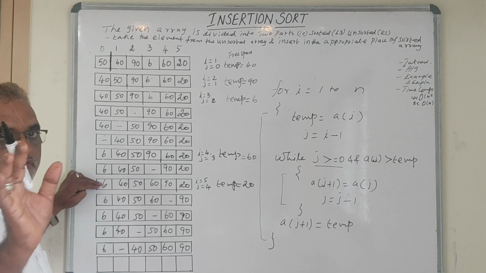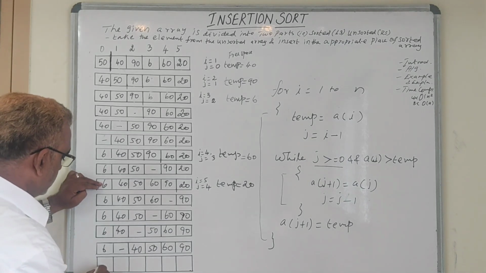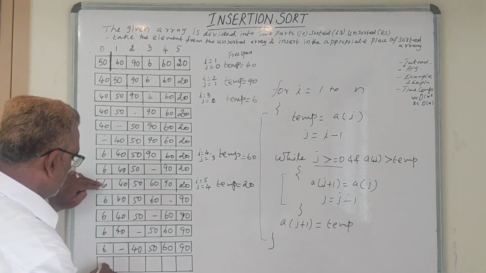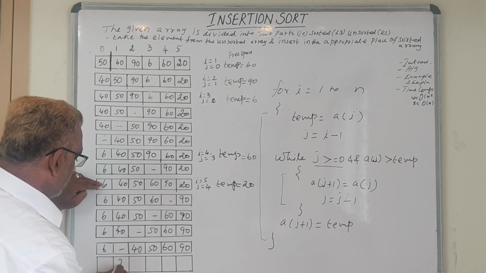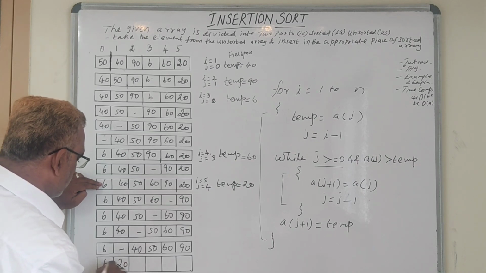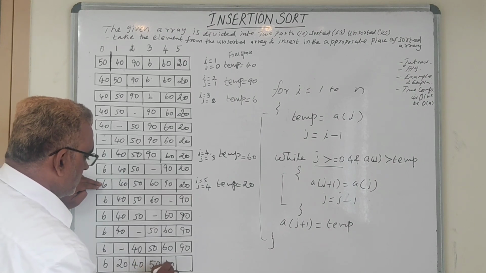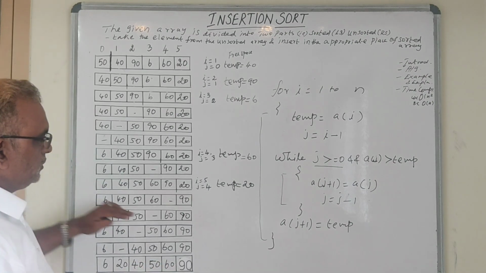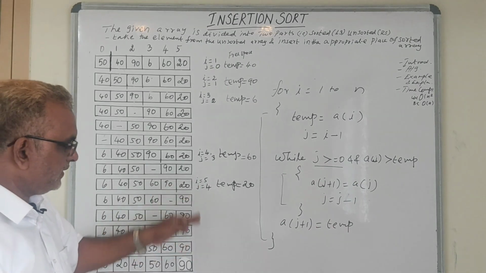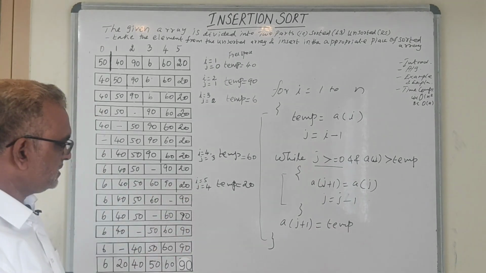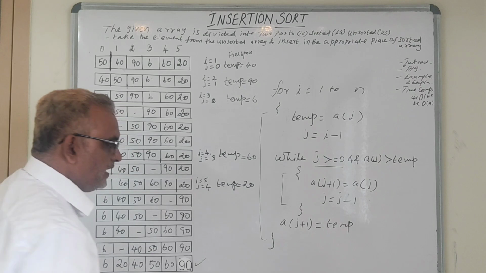The condition is false. So automatically 20 will be stored in its position as it is. Up to this fifth iteration we are able to perform this and find that the given array is sorted.